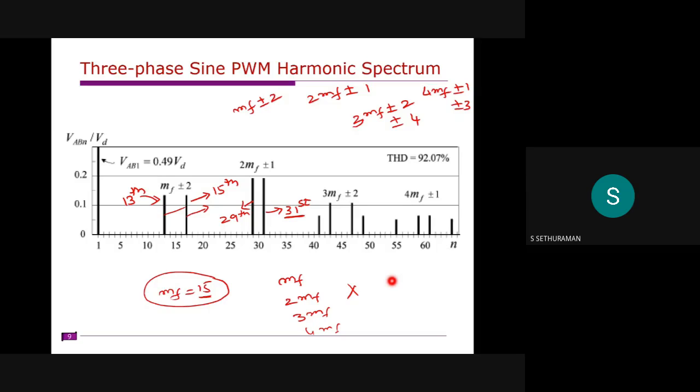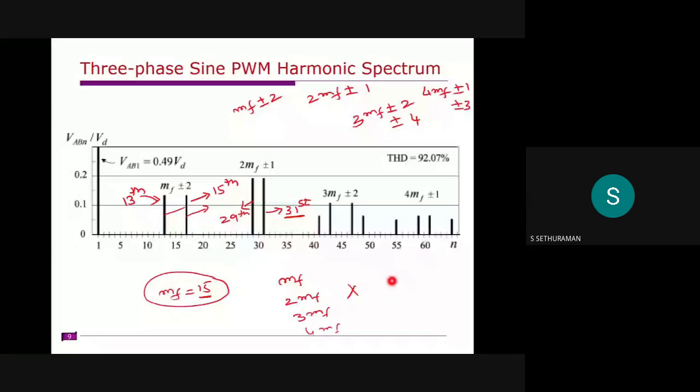Sir, actually the 29th and 31st order harmonics won't be greater in magnitude than the 13th and 17th, right, sir? No, here it will be greater than that one.